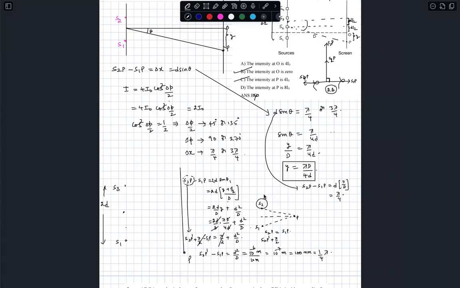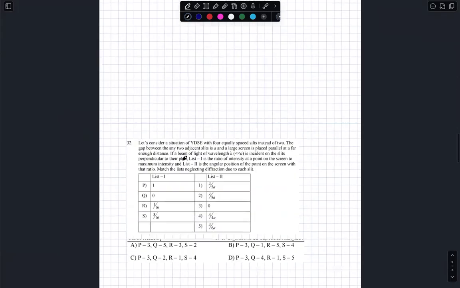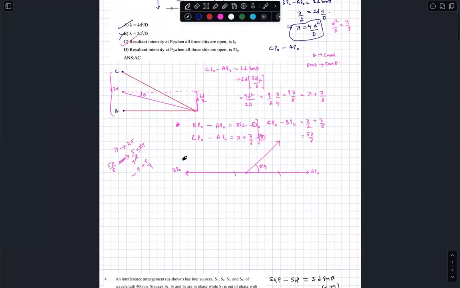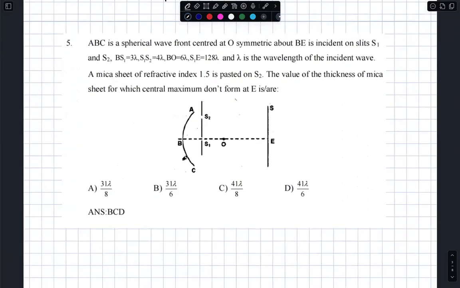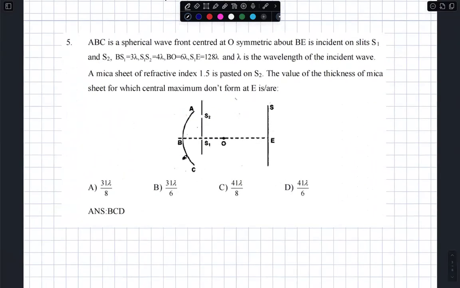I'm still unable to see a message from your side. Yes, sir. Thank you. Now we'll proceed further. Now you try to see this question. I'll do one after the other. I have selected only 4 questions for today. Why don't you try this?